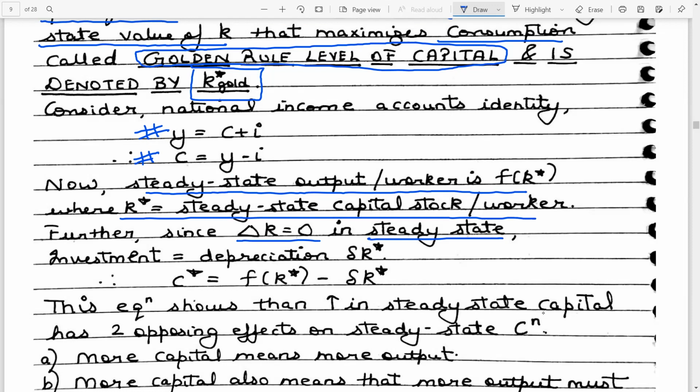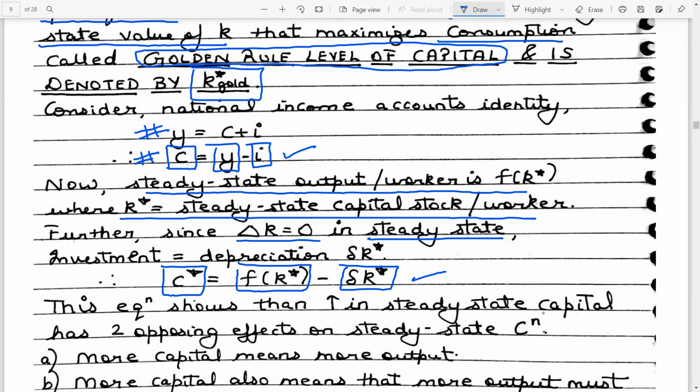If I talk about consumption in the steady state, consumption in the steady state is denoted by c star. In the steady state, output is equal to f of k star. In the steady state, investment is equal to depreciation.